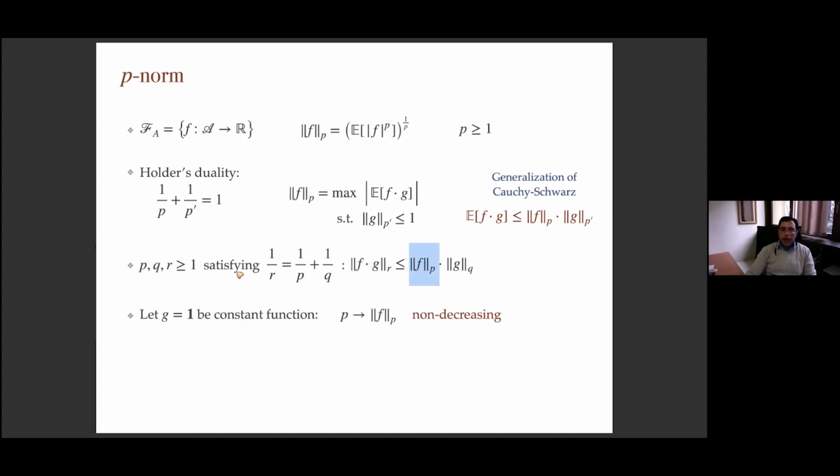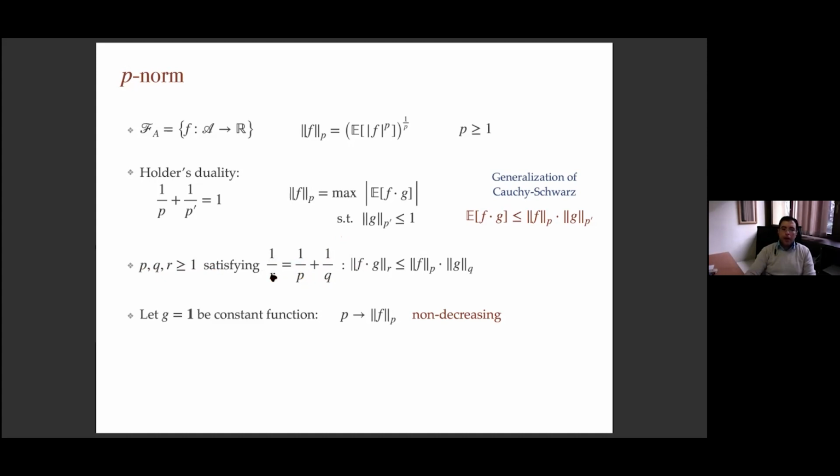Because of this equality, I know that r is less than p, since p and q are greater than 1, in particular positive, so 1 over q is a positive number.